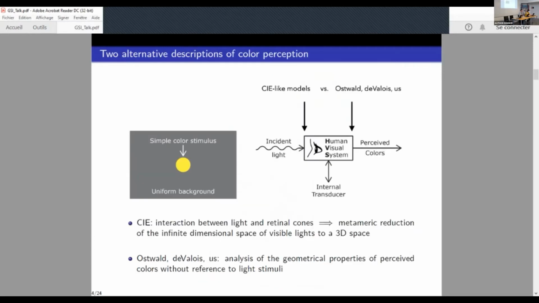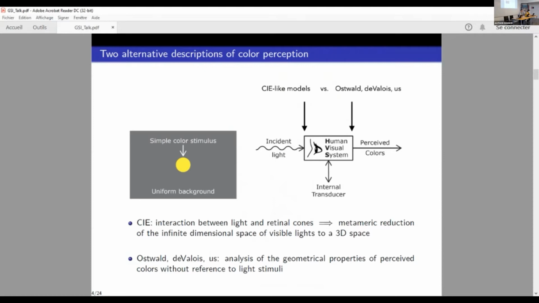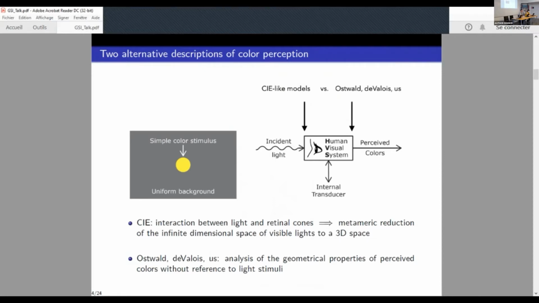Before starting, we would like to stress that what we study is a very simple configuration, that is this one on the left, which is a simple color stimulus embedded in a uniform background, nothing more, nothing less. There are at least two different frameworks in which we can study this situation.